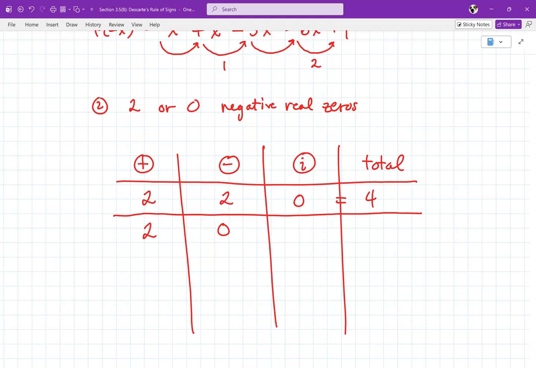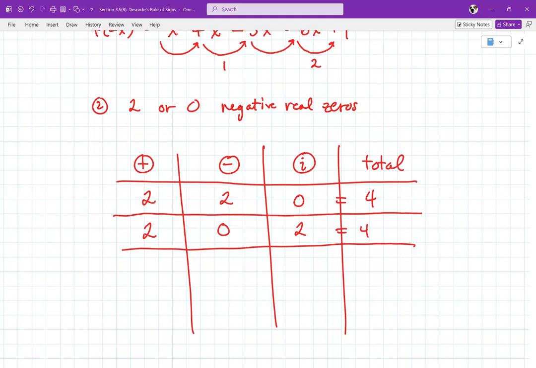None. How many imaginaries can I have then? 2. Because that still equals 4. So I've exhausted my positive options. 2, I used it twice because I did 2 positives with either 2 negatives or no negatives.